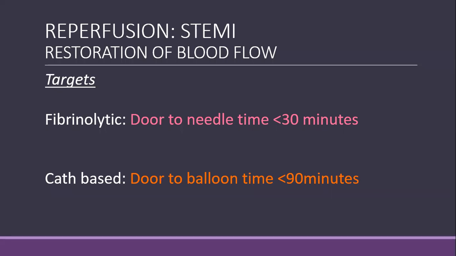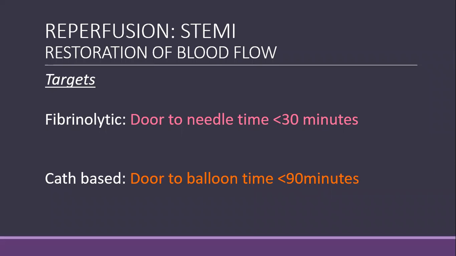The time from presentation to inflation of the balloon must be 90 minutes. If you do it in less and less time, more and more myocardium will be saved, and the patient will have more benefit if treated timely. Otherwise, there will be no benefit of treating the patient if you delay any option.